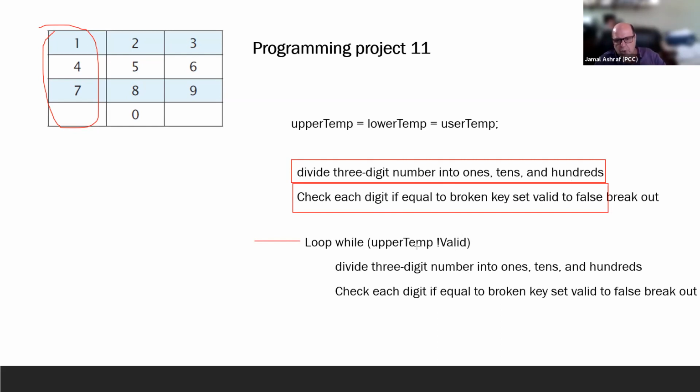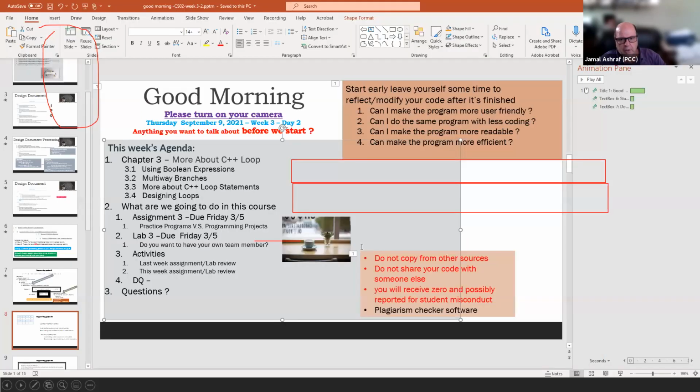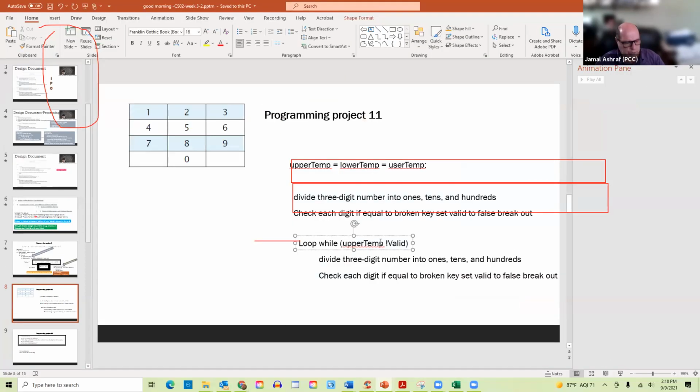What do I need to do? I need to add 1 to my upper temperature. I can potentially put a plus here. Remember, a plus at the beginning is going to add 1, then use it.